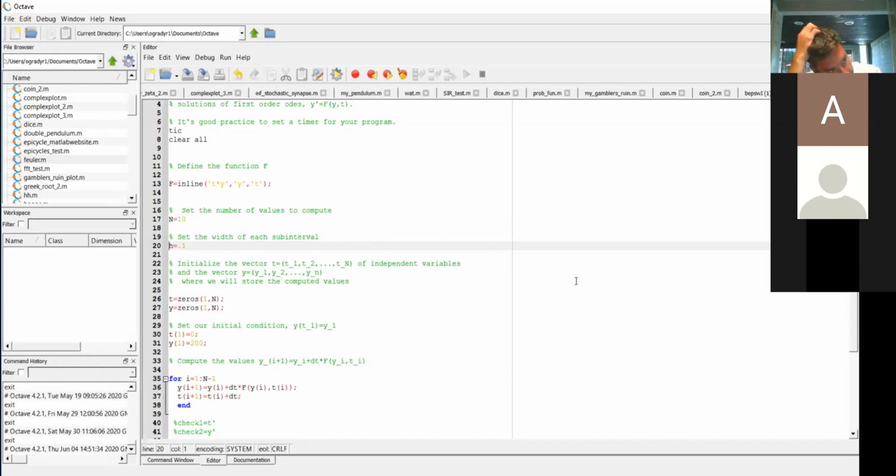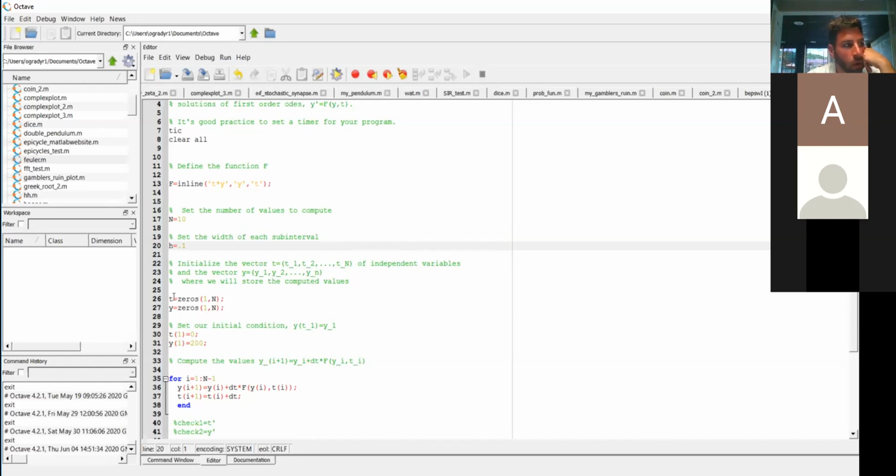That's what we said. Now, a good habit I like to get into is to set aside storage for the computer. This is going to be maybe a little tough for you, Abdul. I'm not quite sure how familiar you are with what a vector is. Maybe you are, maybe you aren't. But what Octave and MATLAB like to do is store everything in vectors. It actually makes things very easy.